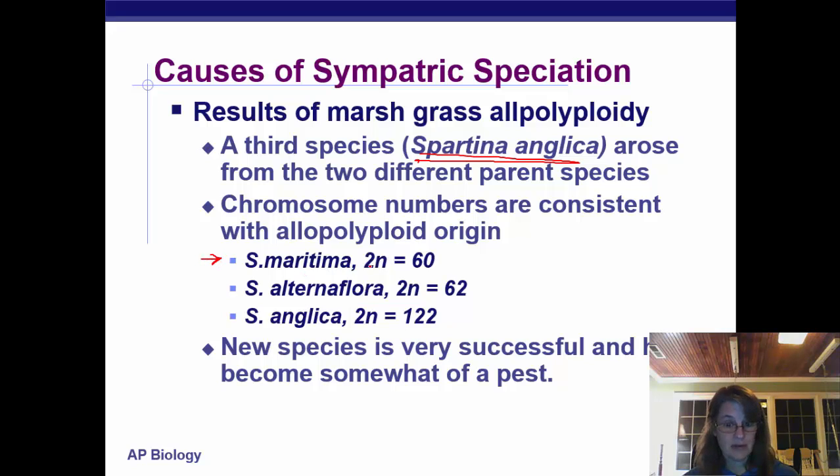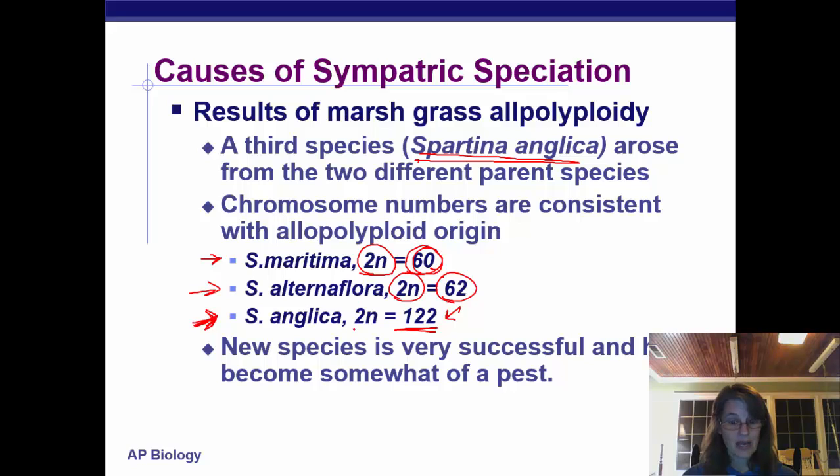So let's look at how the chromosomes work. Spartina maritima is a 2N 60 chromosome plant. The alterniflora that lives around here is 2N 62 chromosomes. Well, if you look at the hybrid form that is the mix of both of them, look what its chromosome number is: 122. 60 plus 62 is 122.